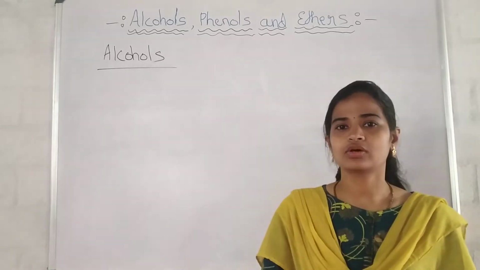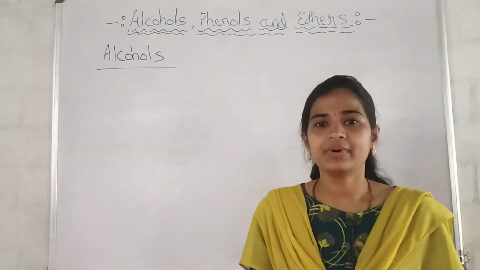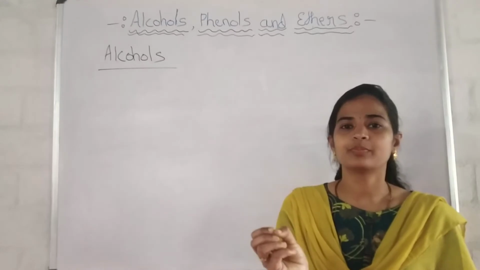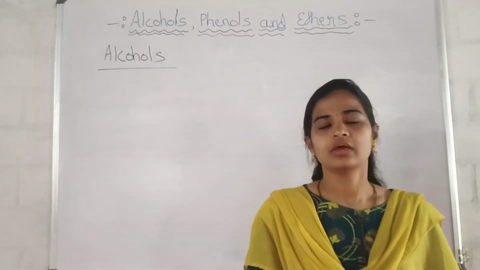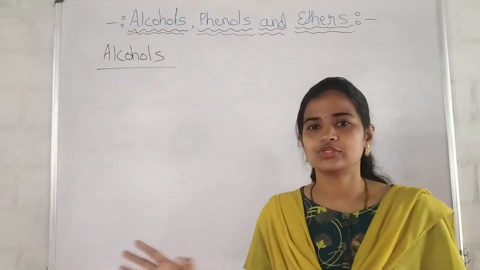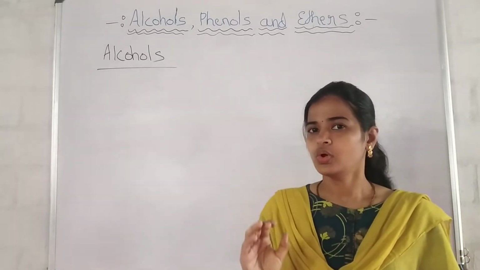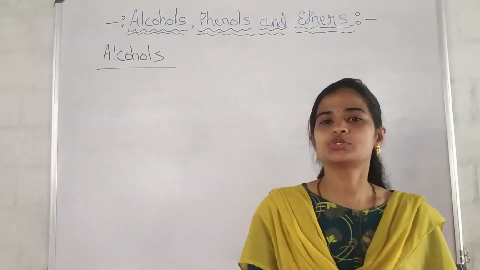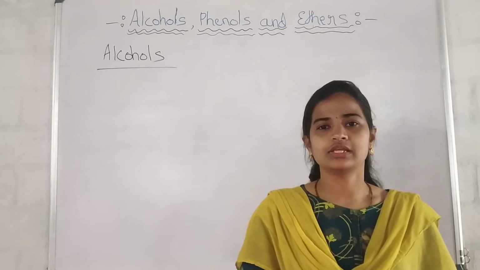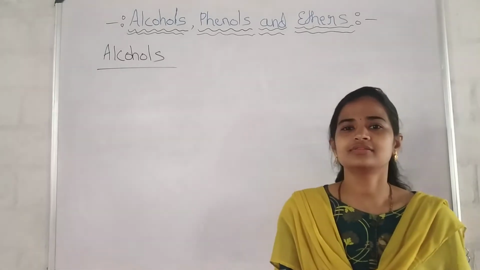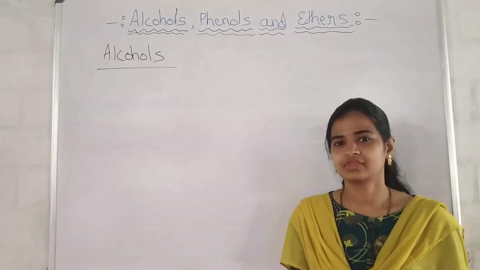Cotton contains hydroxyl groups, and the paper we use for writing and the newspaper also contain OH groups. So hope you understood the importance of the hydroxyl group. You can just imagine life without paper.